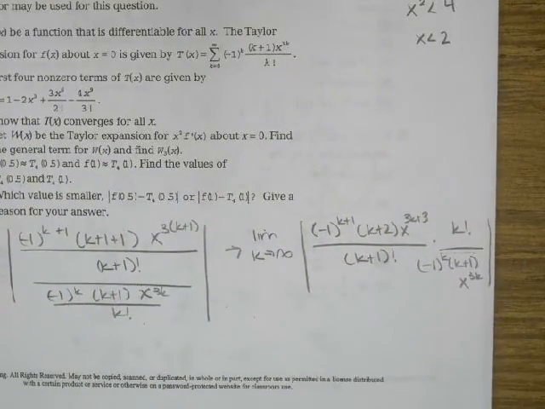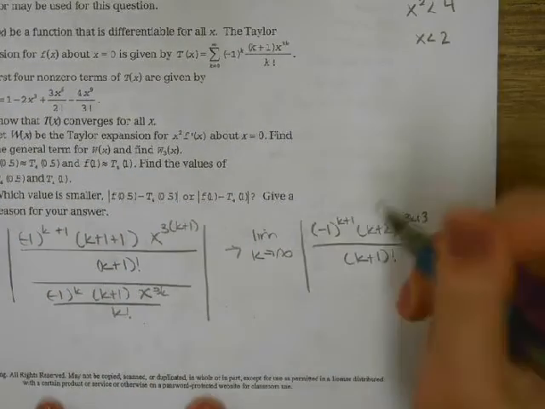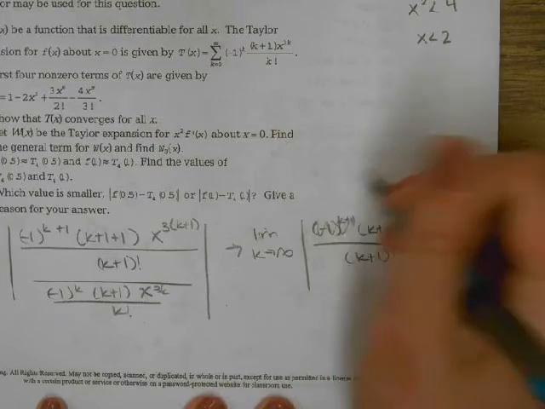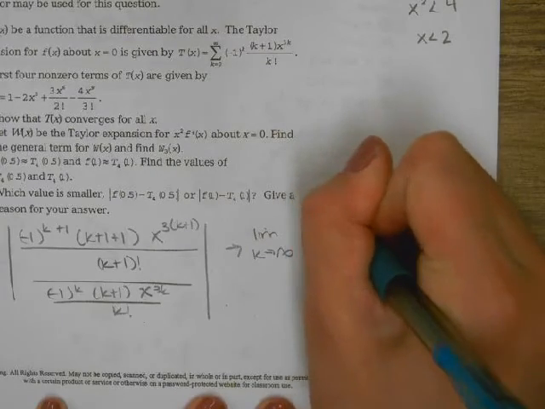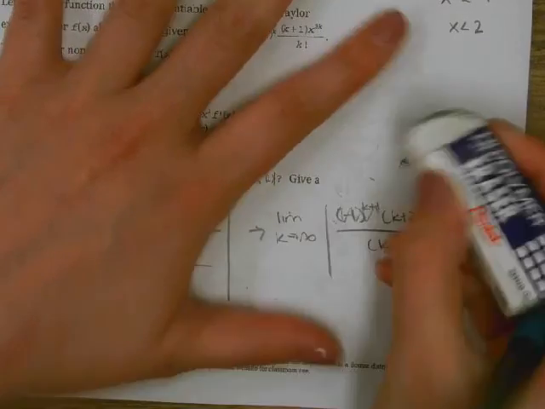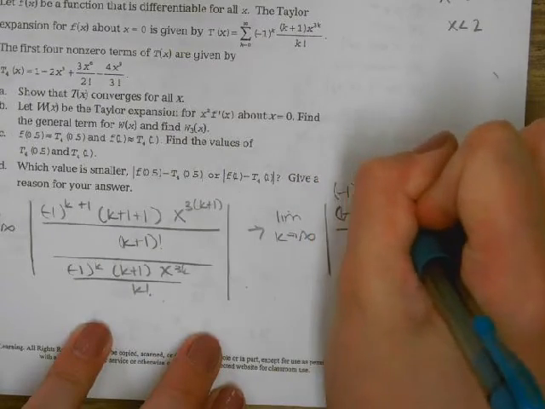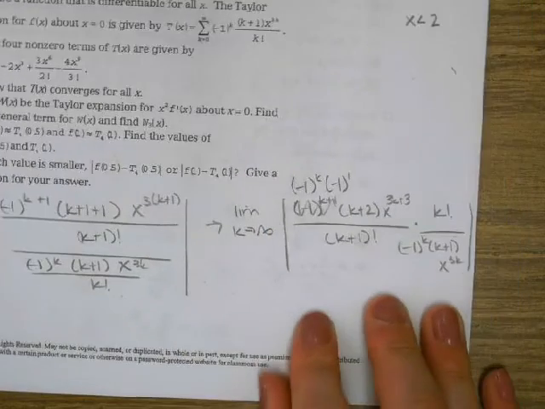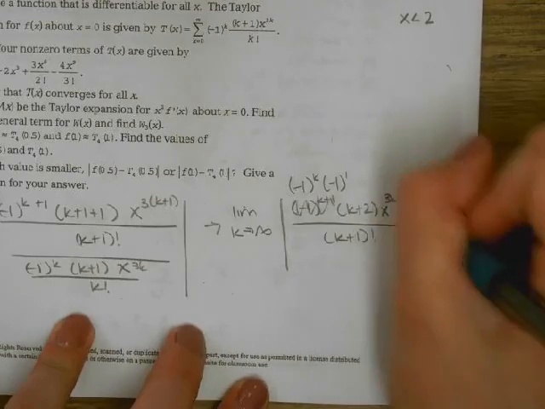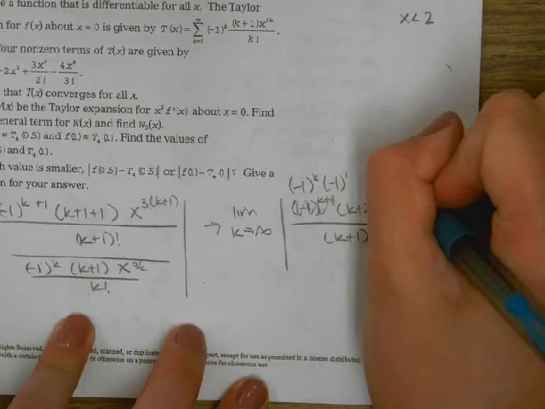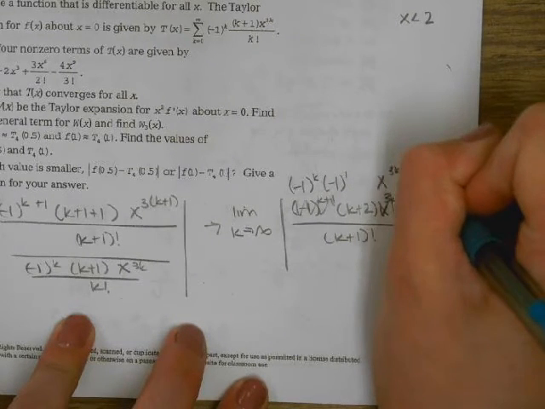So we've got a few things here that we can rewrite. So this negative 1 is negative 1 to the k times negative 1 to the 1. And then this would be x to the 3k times x to the 3.